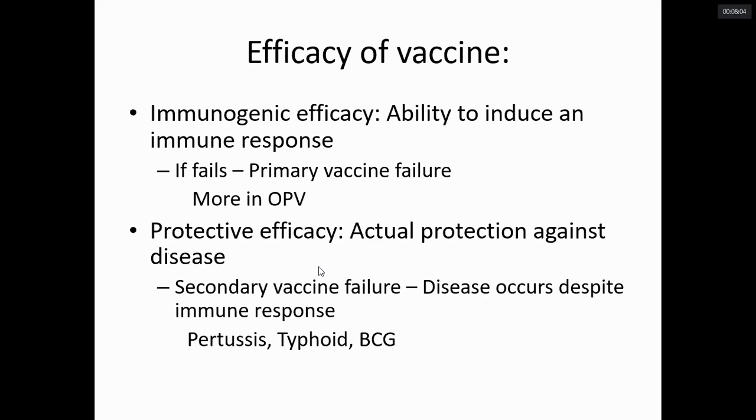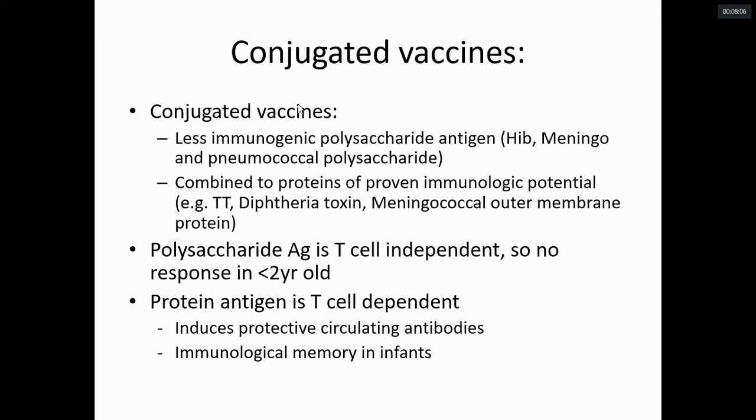Conjugated vaccines. These are like the component of the vaccines in Haemophilus, meningococcal, pneumococcal: capsular polysaccharide vaccines. Here protein is added to increase the immunogenicity. Polysaccharide antigens, capsular polysaccharides, are T cell independent. They are only B cell dependent. They work for B cells only.